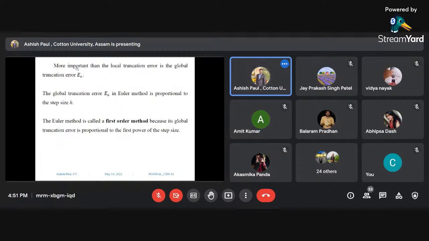Now, more important than the local truncation error is the global truncation error. That is finally the result we obtained, the exact error or final error, and that is why we are interested in it when we get the final result, with all the error accumulated till the end. That is known as the global truncation error.